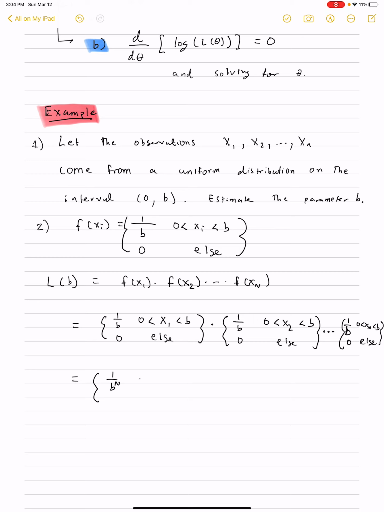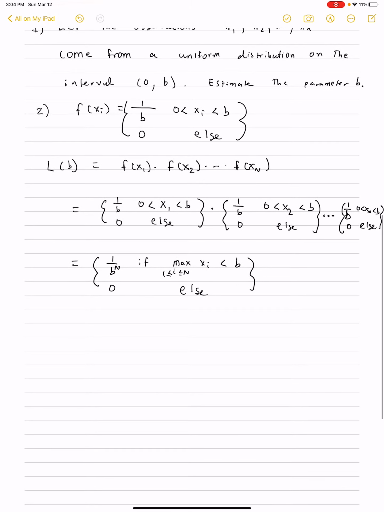So that's going to be if the maximum of our observations from 1 to n is less than b. Otherwise, if any one of the observations is greater than b, it will be 0, and hence we'll be multiplying by 0, so 0 else. Okay, this is our likelihood function.